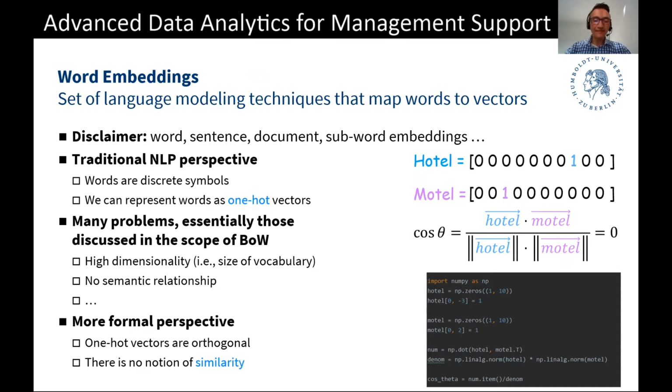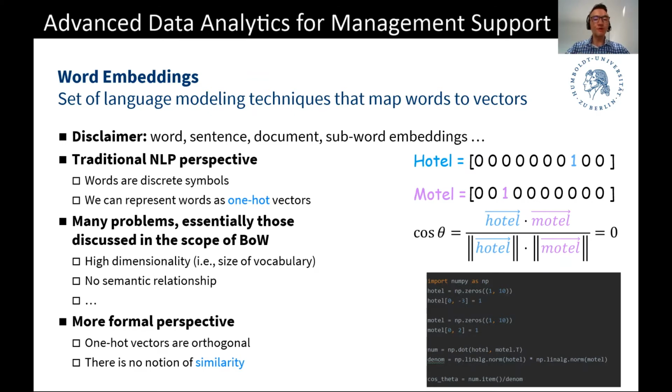If we encode the two terms, hotel and motel, as one-hot vectors, we have as many elements as we have words in our vocabulary, and for every unique word in the vocabulary, there is one element in the one-hot vector that is 1, and all the other elements are 0.